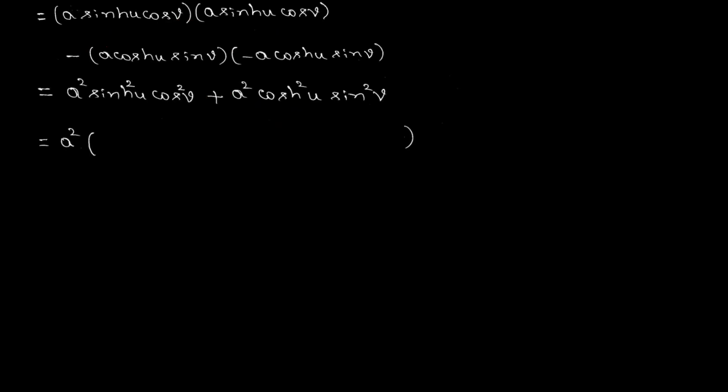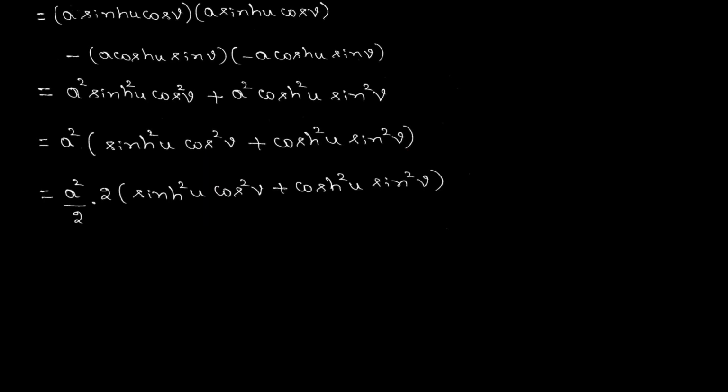Here we can observe a square is common first. Let us take a square outside as we have written here. What remains inside is this. Here we have multiplied and divided by 2 to bring some standard identities.